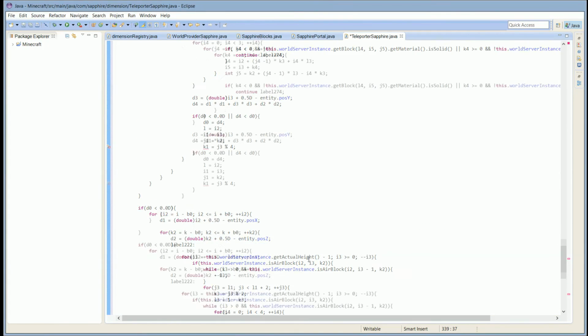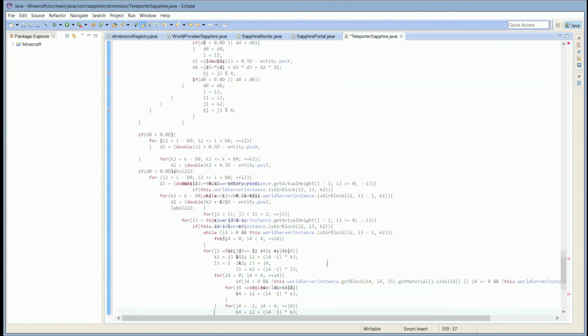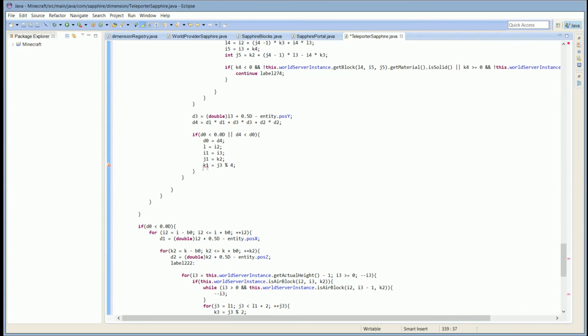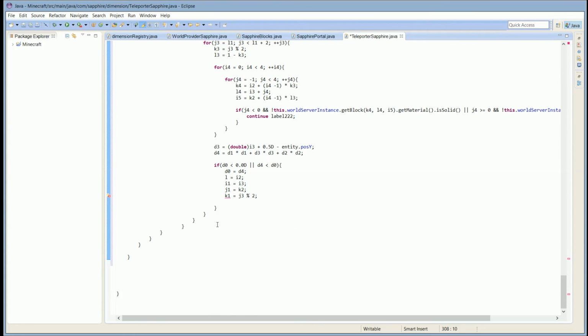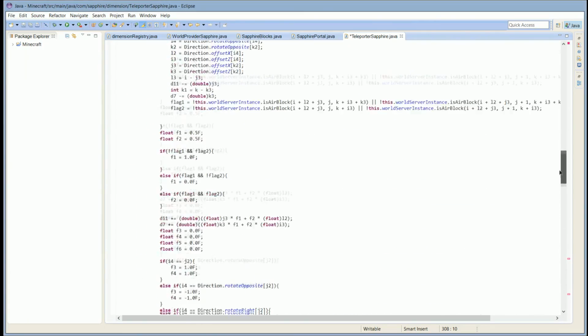So, this all may be confusing. Where is K1? Oh, K1's coming up, I think. Was I supposed to specify K1 earlier and I didn't? There was supposed to be a K1 equals 0.